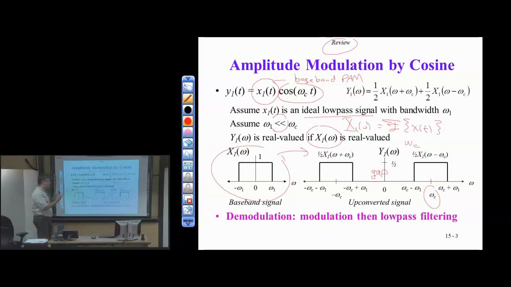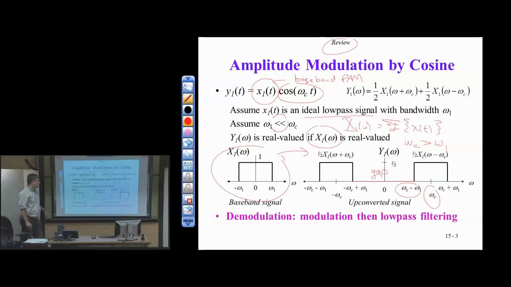This treatment is all continuous time, so we haven't gotten to sampling yet. But we would eventually, in an implementation for digital PAM, need a sampling operation, at least sampling to the point where we can do a digital analog conversion later. But we want this left edge to be in positive frequencies. We don't want it to spill over into the negative frequencies. So we really just need omega c greater than omega 1. That's all we really need.